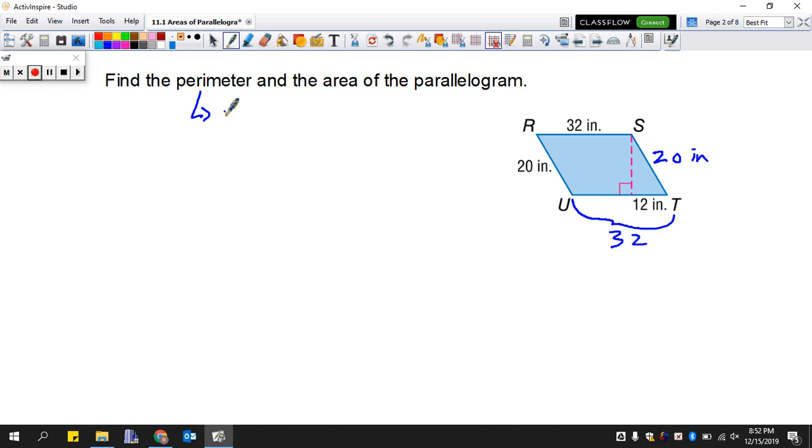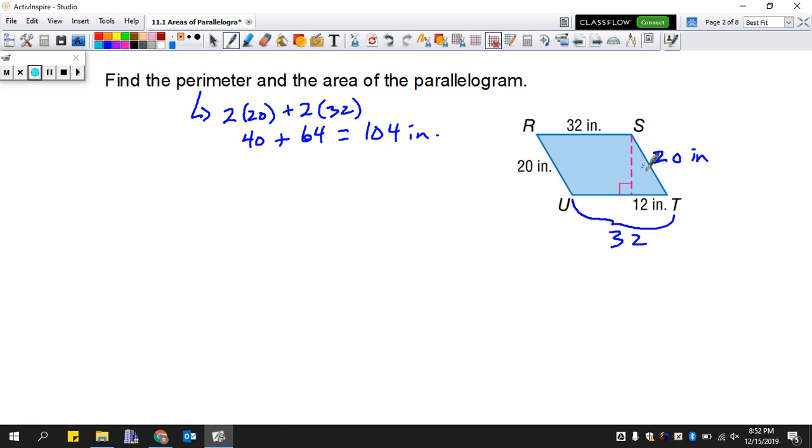So perimeter is 2 times 20 plus 2 times 32. If we do the math, that's 40 plus 64, which is 104 inches, the distance around.